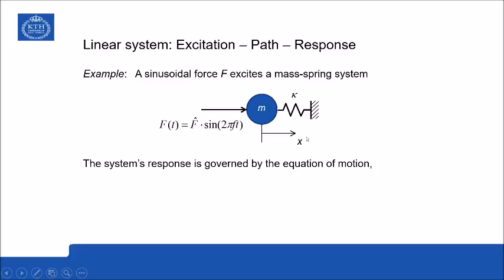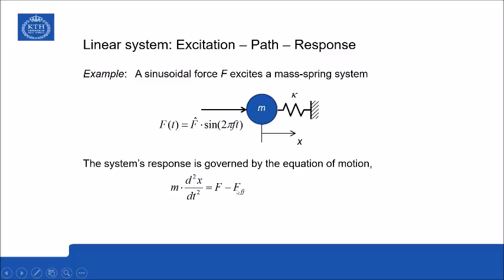So this system's response, that is x here, is governed by the equation of motion, which is the inertia force, mass times the acceleration, which equals the excitation force, F, minus the spring force, which opposes the motion.